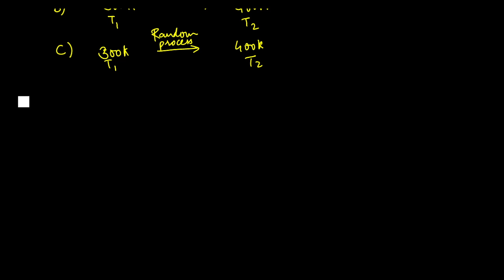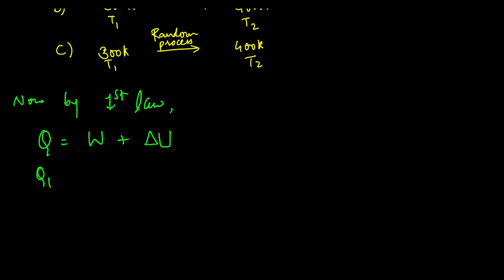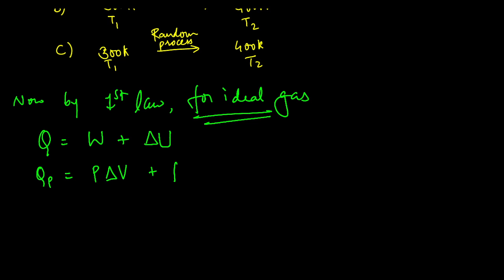So now if we use first law, Q equals W plus delta U. Q ની જગ્યાએ QP લખવાનું, W ની જગ્યાએ P delta V લખવાનું. P for pressure of system. And if it is for ideal gas, this whole line absolutely clear to you?